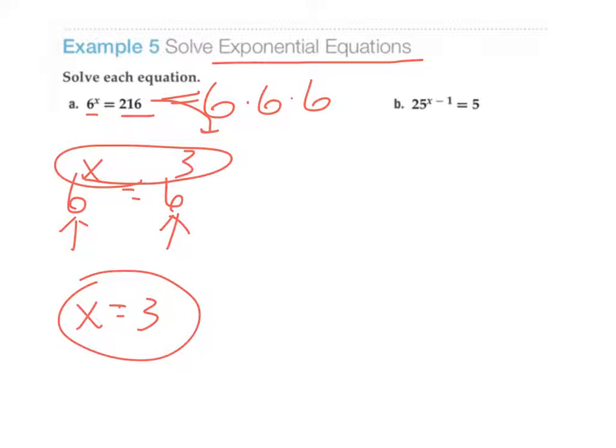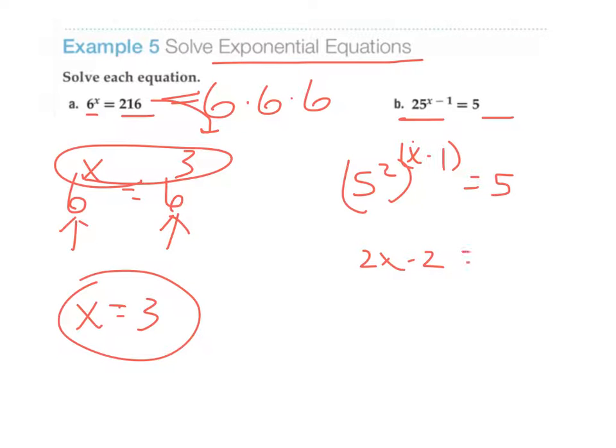So let's look at this next problem over here. I have 5 as a base. I can't break that down any further, but 25 can be squared. So I just make 25 as 5 squared, and I still have an exponent of x minus 1. Well, I have 2 exponents. Power to a power means I multiply. So 2 times x minus 1 is 2x minus 2. That's just the distributive property.